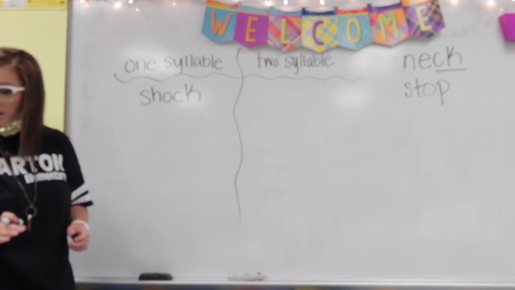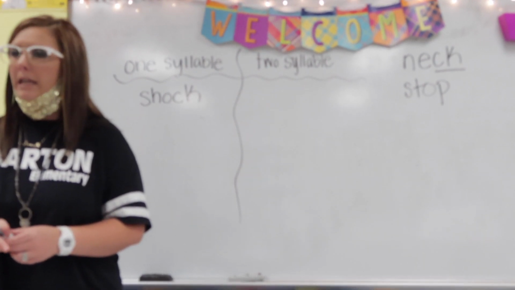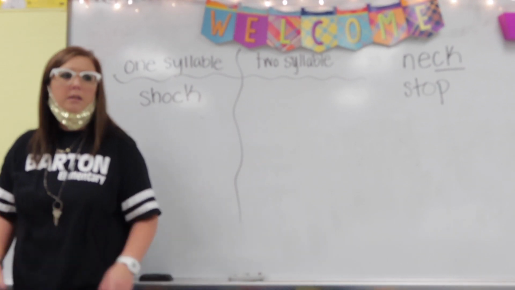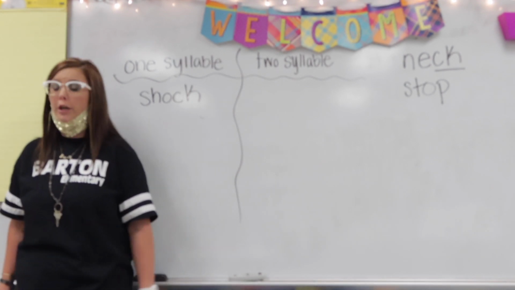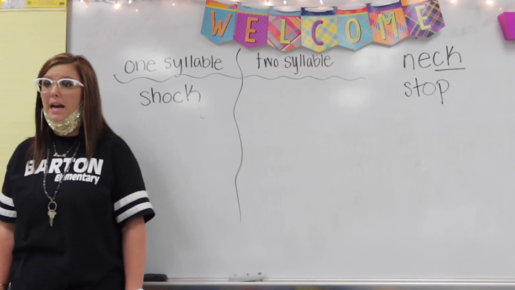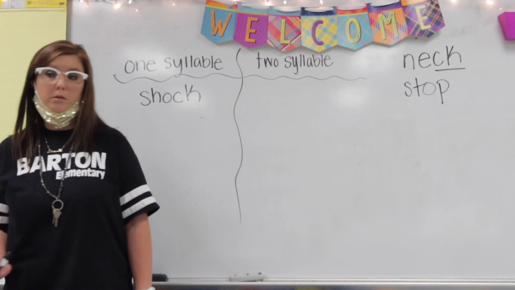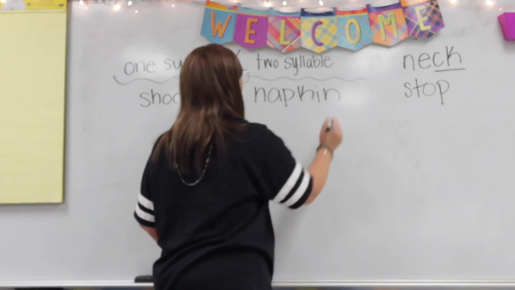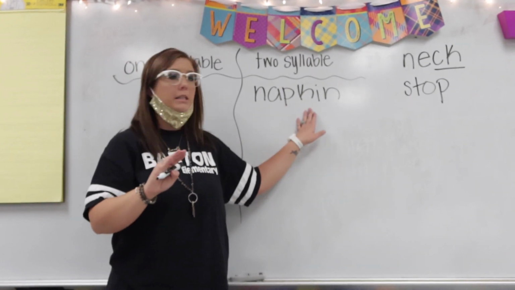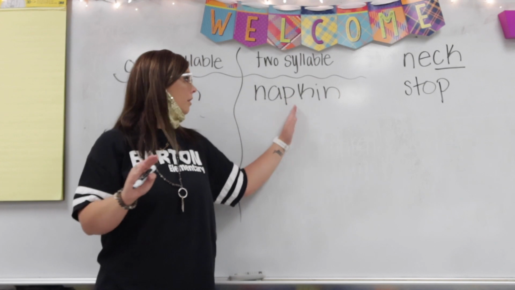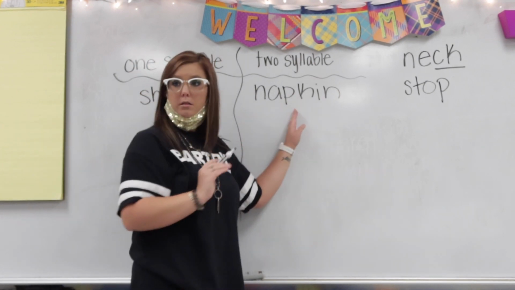Think of the word napkin. How many vowel sounds do you hear in napkin? You hear two. So how many syllables is napkin? Two. Is it open or closed? Closed. And look, when I say is it open or closed, there's two syllables, so we're talking about two different syllables. The first syllable is what?